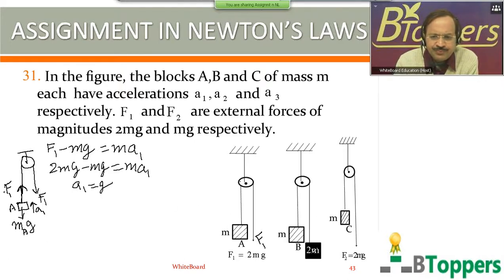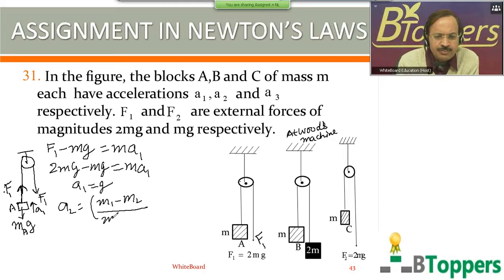The second case, second figure. In the second figure, you are given the case of Atwood's machine. As I discussed in Atwood's machine earlier, if two masses are connected by a light string which passes over a smooth, light and fixed pulley, then the magnitude of acceleration of the masses is given by m1 minus m2 by m1 plus m2 into g.